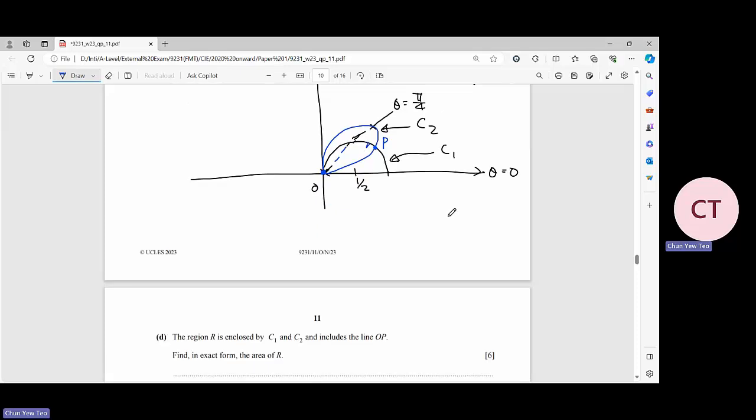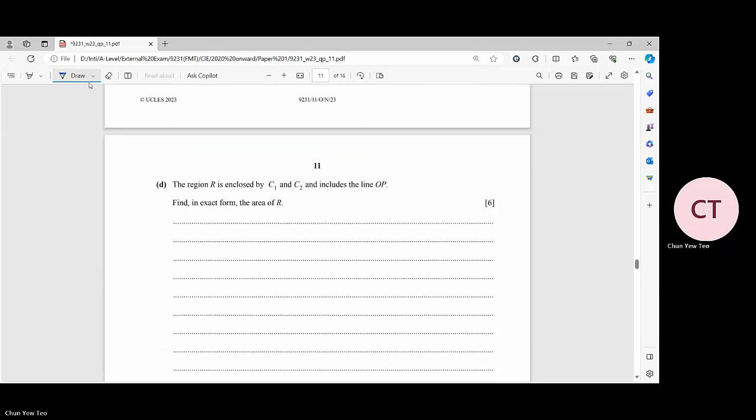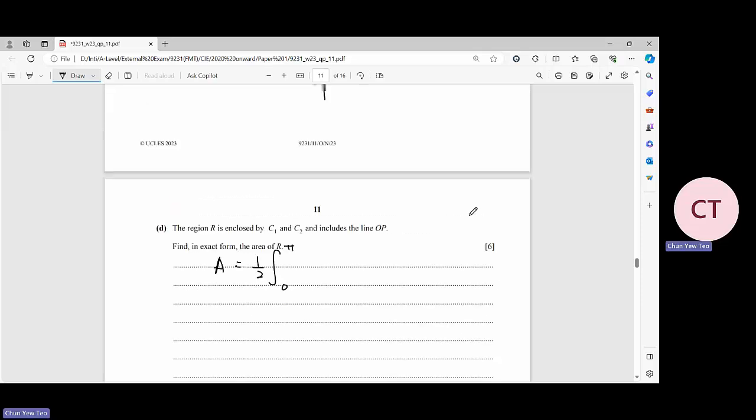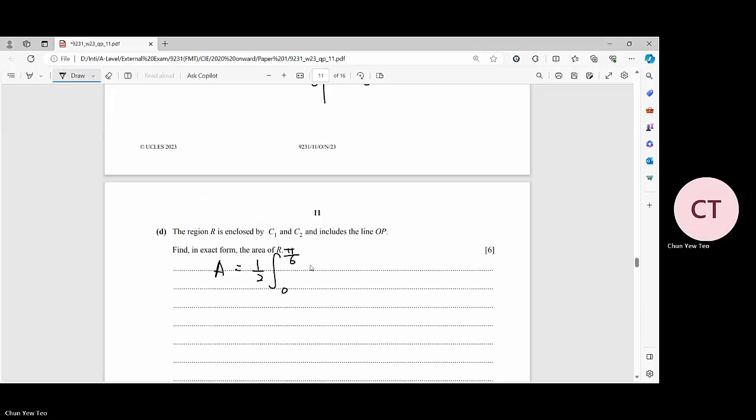Okay, so for the area, if you refer to the diagram, we have two parts. The first part is C2, starting from 0 until pi over 6. Then half of r squared, so your r squared for C2 will be sine 2 theta squared d theta. Then the second part is from pi over 6 until pi over 2.